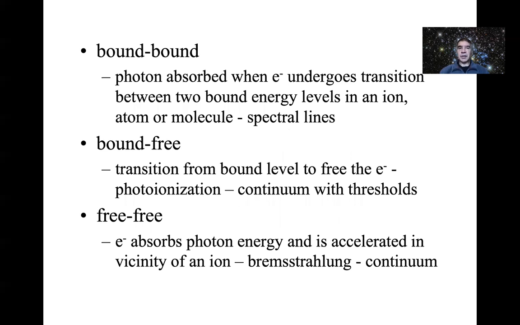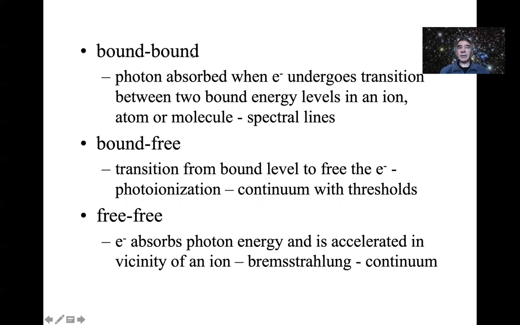Because of quantum physics, atoms have particular bound energy levels, particular energies, distances from the nucleus where an electron can orbit, and only those. And we can talk about a particular type of transition going from one of these bound energy levels to another bound energy level. That would be referred to as a bound-bound transition.